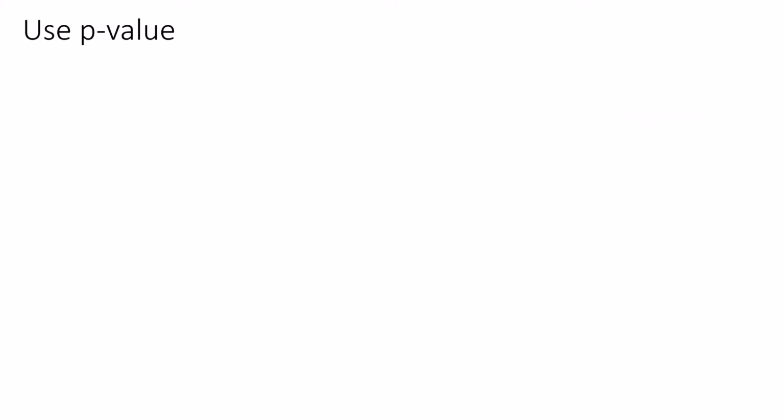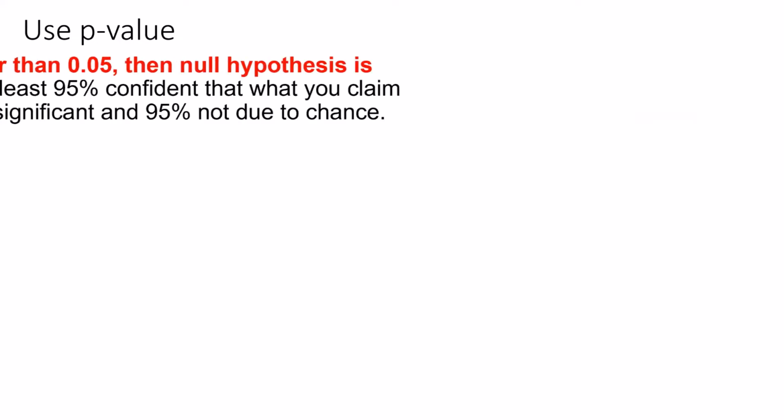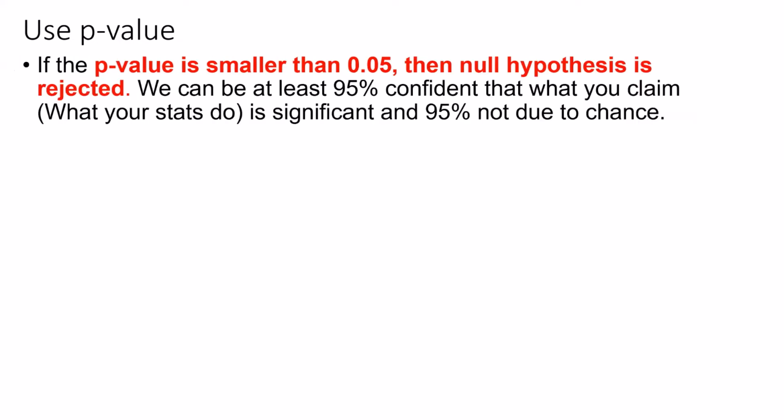So the next part is the p-values. Like a lot of statistic tests, at the end of the day, you obtain the p-value, and based on it, we will decide whether to accept or reject the null hypothesis. So if the p-value is less than 0.05, then the null hypothesis is rejected. In the scientific community, we accept about 95% confidence.